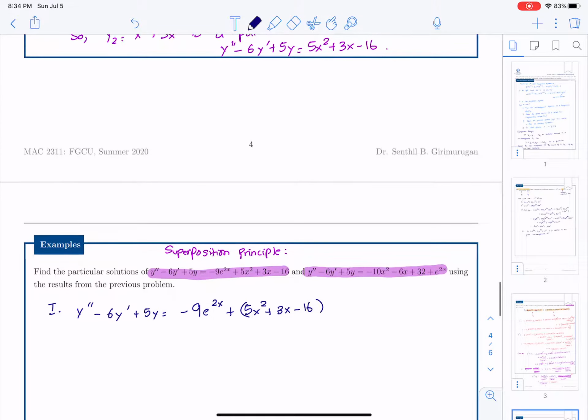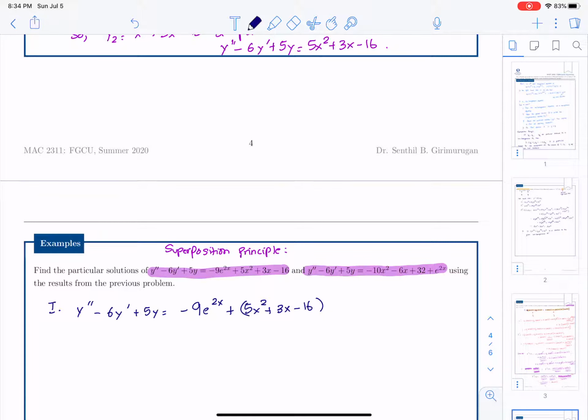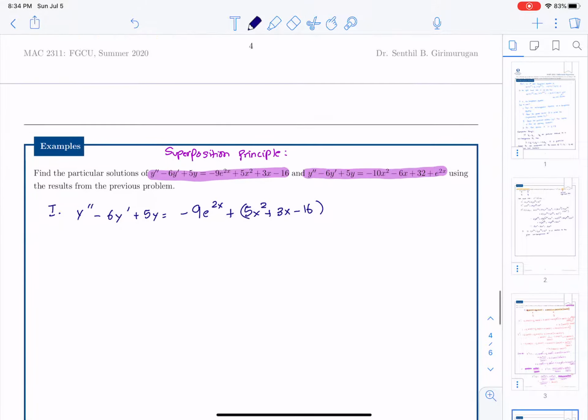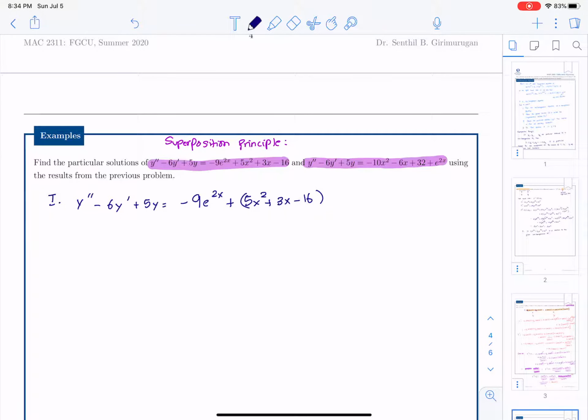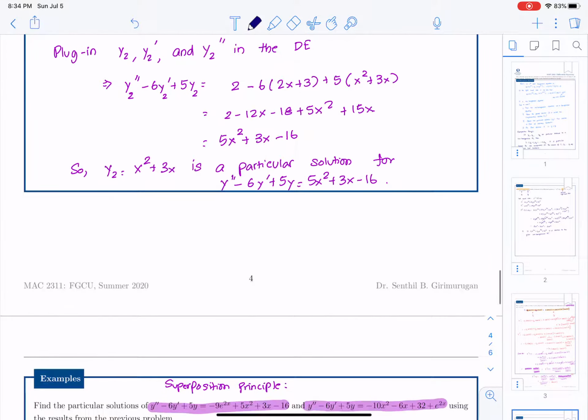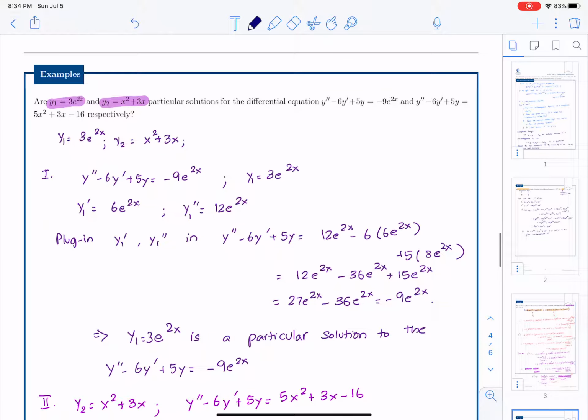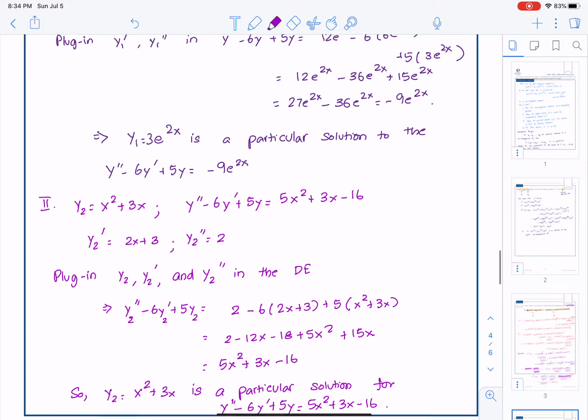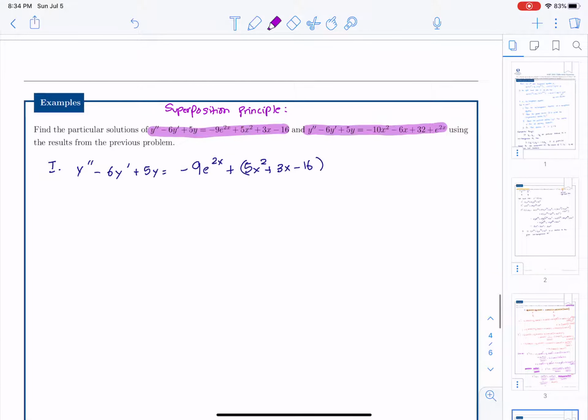And you can see that the right-hand side is a linear combination of the right-hand sides of the previous two equations. So we had negative 9 e raised to x and 5x squared plus 3x minus 16, added those two, and I ended up getting that.